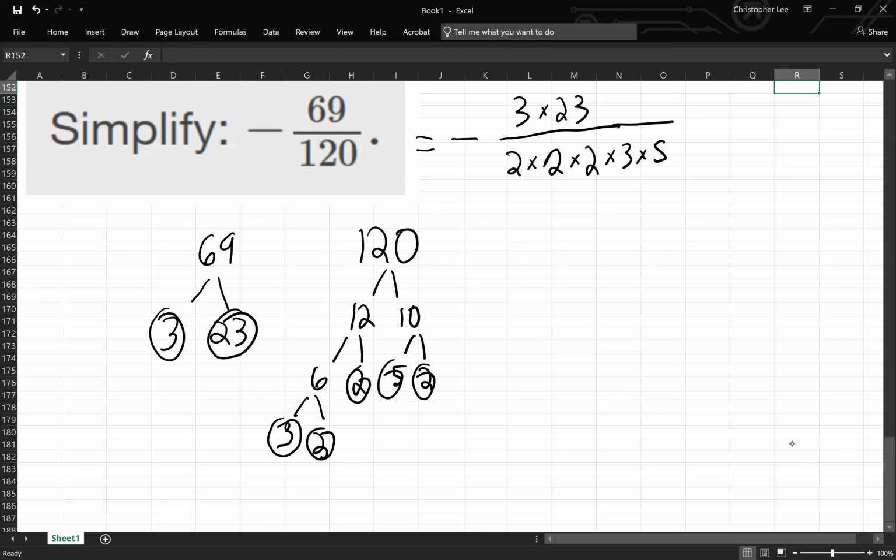Not 23. The 3. That's it, right? So this is going to be negative 23 over the 2 times 2 times 2 times 5, which is, I have no idea. What's that? 40 maybe? Something like that.